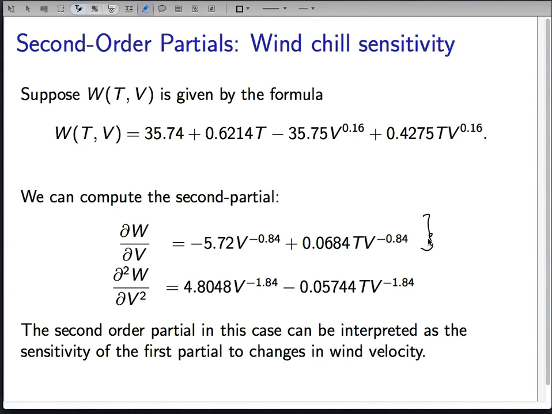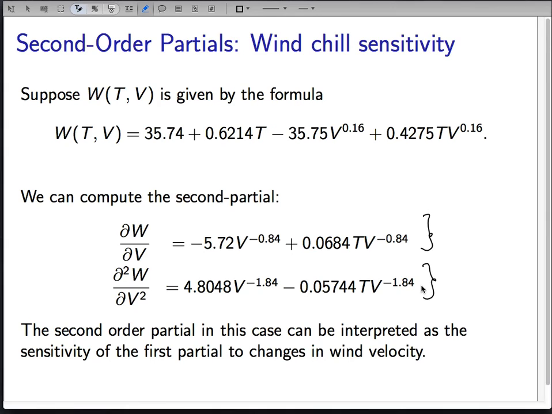And the way we interpret that is the sensitivity of wind chill to velocity. What do small changes in velocity do to wind chill? The second order partial, if we take another derivative, we're now saying that's the sensitivity of the first partial with respect to velocity. So if velocity changes a little bit, how would that change that first partial derivative?